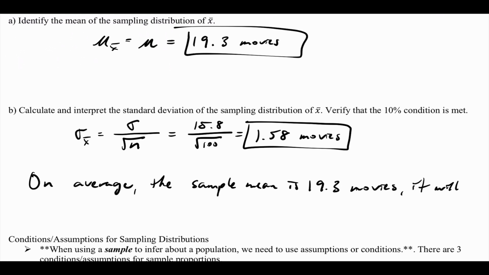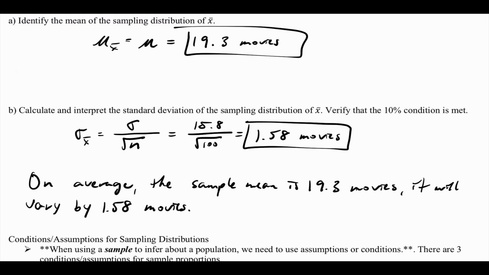It will vary by 1.58 movies, or something like that. You don't have to have it word for word exactly what I have, but something along those lines. As long as you read it back and it makes sense and says essentially the same thing, that's fine.